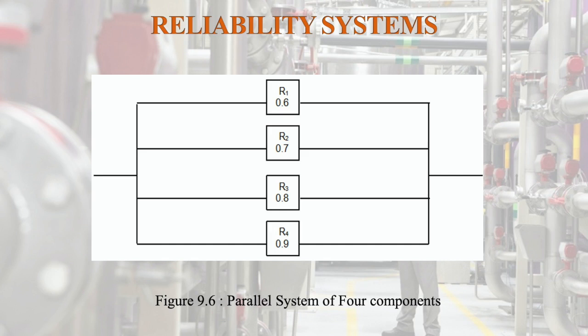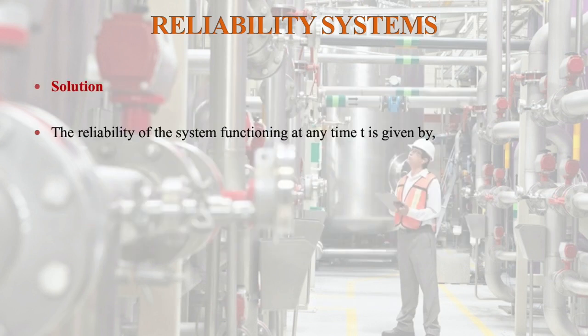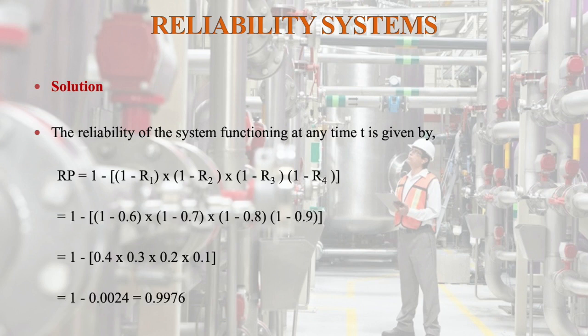So the reliability of systems, this is the parallel system of 4 components. The reliability of the system functioning at any time t is given by Rp, that is equal to 0.9976.